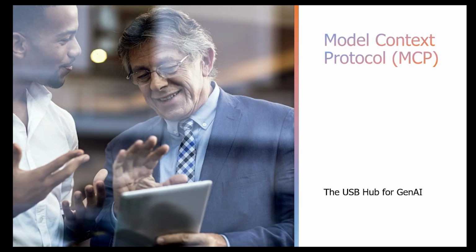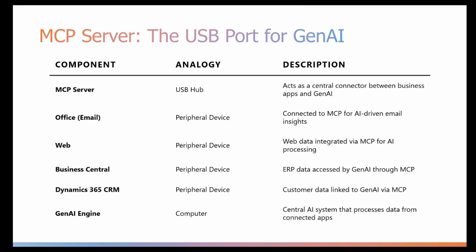So Gen AI wants to make connections to your apps, the systems you use. And so if I take my analogy, then the MCP server is like the USB hub, which connects it. So the peripheral devices would be the apps you already have, which might know or not know anything about AI, but they do have APIs and therefore are accessible.